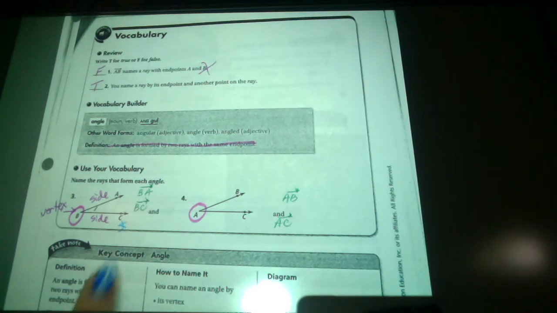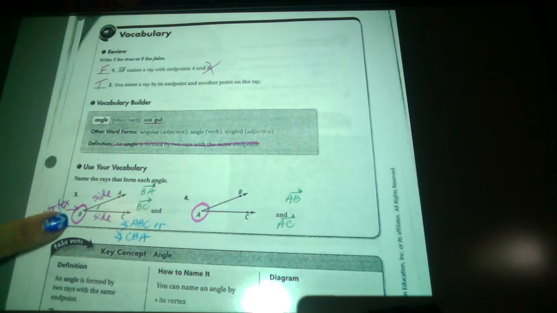And by the way, when we name the angle, angles are always named with 3 letters. The vertex is in the middle. The only time that we can name an angle without 3 letters is if perhaps it has a little 1 in here, then I can name it angle 1. But when I name this angle here, it's going to look like this. Angle, and I would put a little less than sign with an arc through it, because sometimes it looks like an L, right?